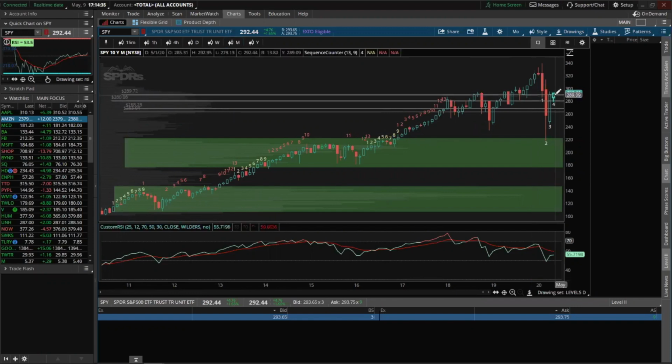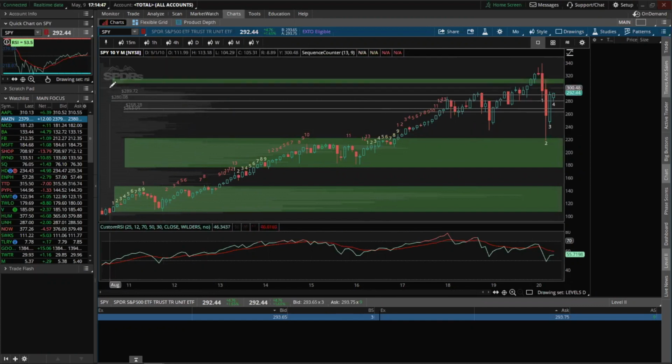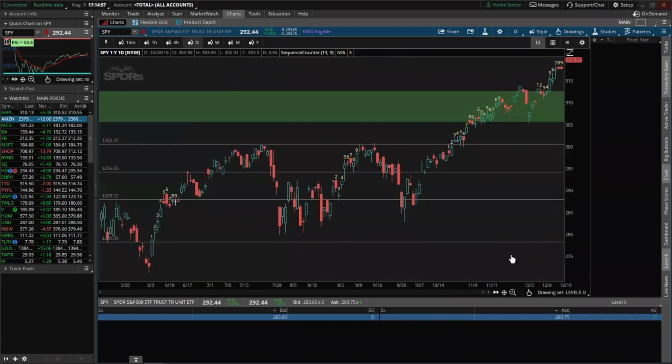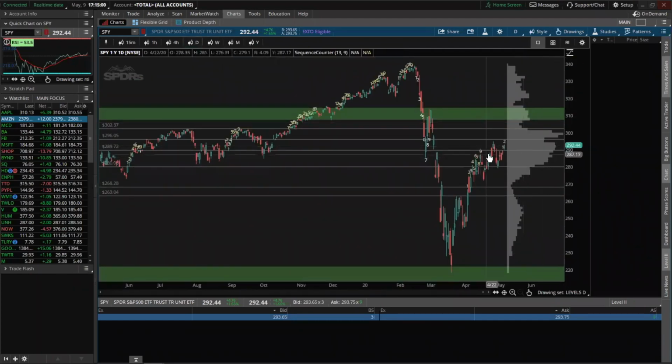We broke above it yesterday, Friday. And now the next slightly interesting level is going to be here. And then we still haven't fully broken out of this volume area. So we can say here and here. So that 296 that I've been talking about, that we have to break to go back to 300 level, is these areas. So we kick this out, then we go to this level. You see that large volume?